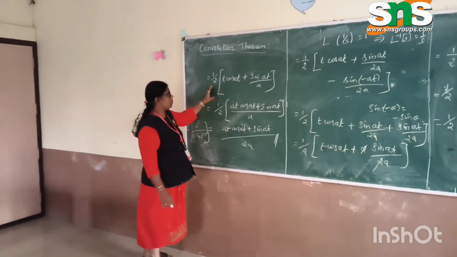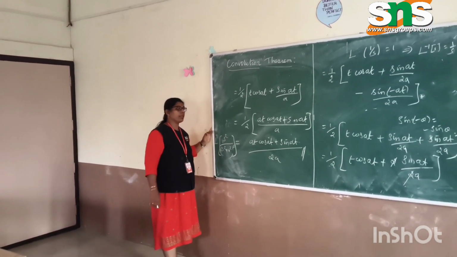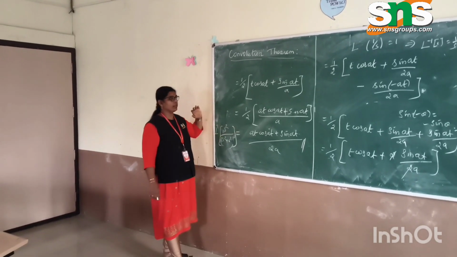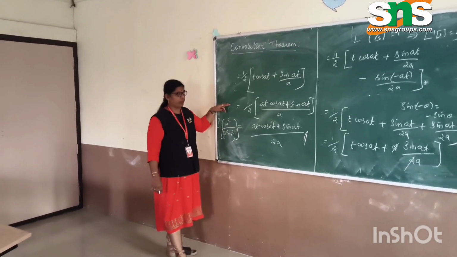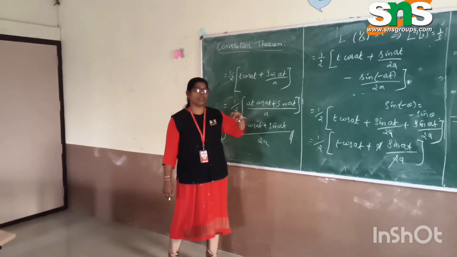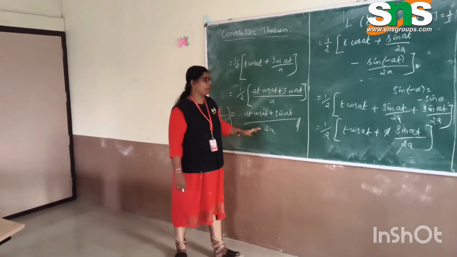We use simplifications with Bodemar's rule to get the correct answers. The convolution theorem is very important for Anna University, with only 4 questions in this topic: s square by s square plus a square whole square, 1 by s plus a into s plus b, or s square by s square plus a square into s square plus b square. Thank you.